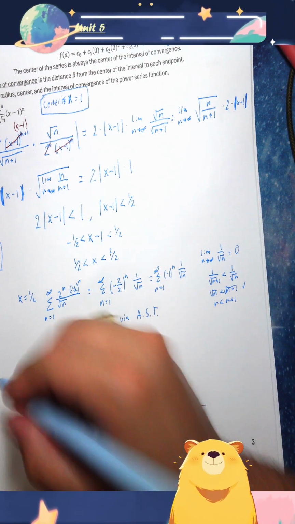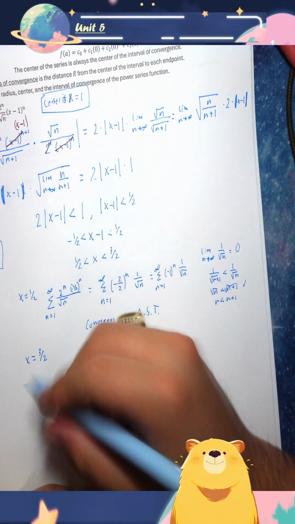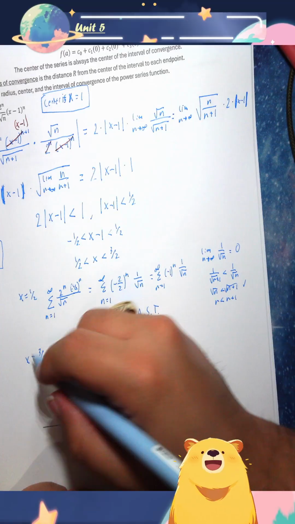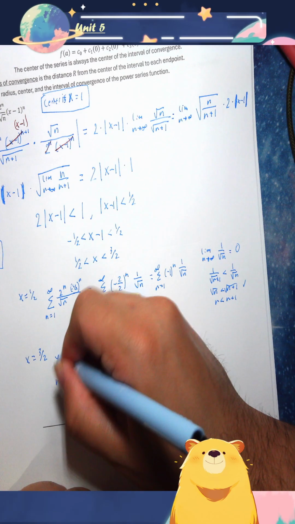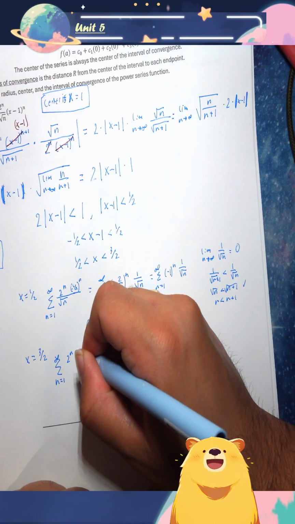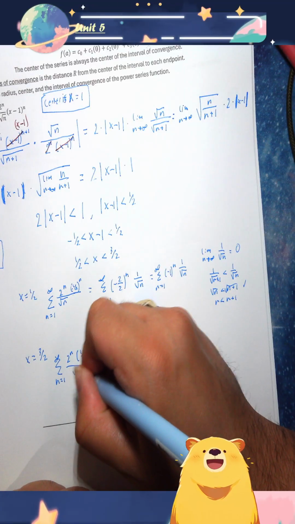And then for when x is equal to 3/2, that's going to be 1/2, but positive. So we have 2n, 1/2, n over square root of n.